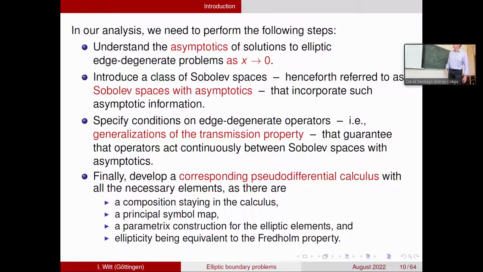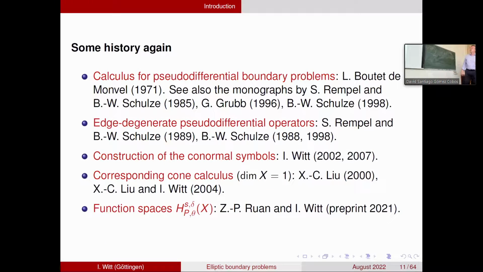Okay? So here are the first things, and then I'll give you a bit more references, and then I'm almost done with the references. If you want to learn about pseudodifferential boundary problems, there is an article by Eskin and Vishik, and then there were some monographs by Rempel and Schulze, their group, and then also in a monograph by Schulze, they reformulated things as an edge calculus.